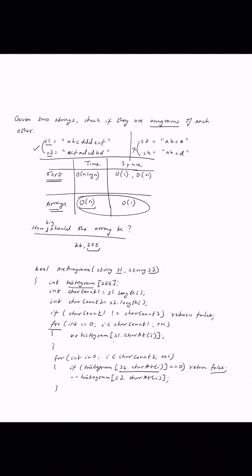Now the other way this equality would be hit is if you have excess characters in S2 for a given character that also exists in S1. For example, if you have 3 A's in S2 and only 2 A's in S1, then you would be hitting this equality, because you'll be trying to decrement the value at this key in the data structure more times than what was initially populated when traversing through S1.